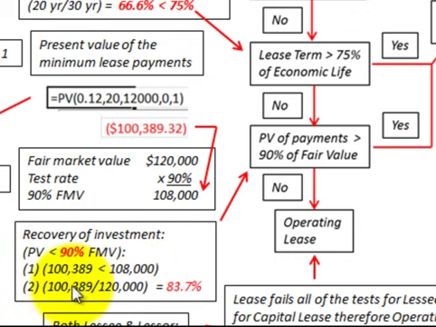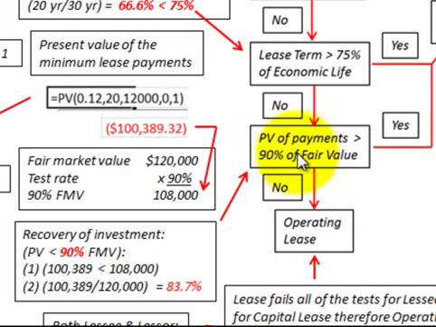Or we can look at it where we have the $100,389 present value of the lease payments divided by the fair market value of $120,000, and that would equal 83.7%, which is less than the 90% hurdle rate for the test, so therefore it fails the test.